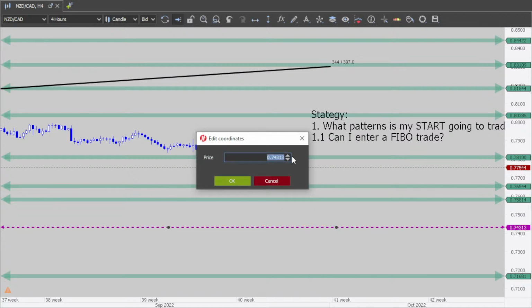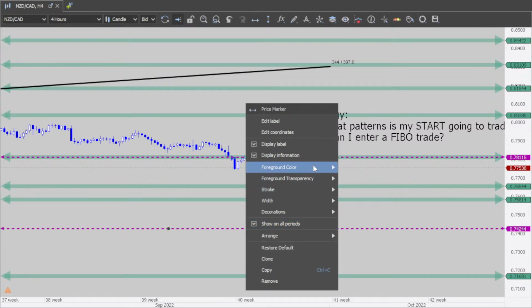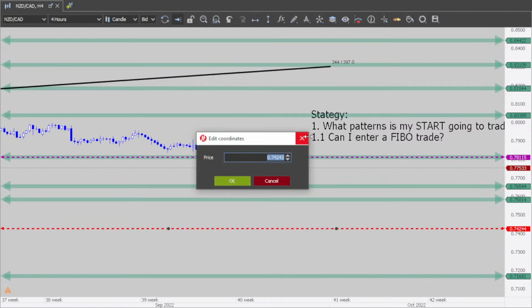Ala's entry was at 0.78115. This was Ala's entry. Okay, and Ala's stop, let's color code this in red. Ala's stop is at 0.76853.